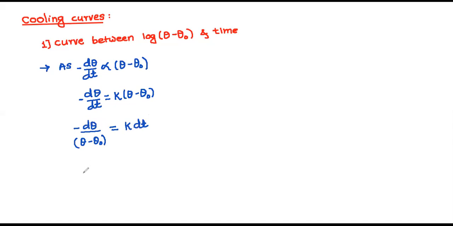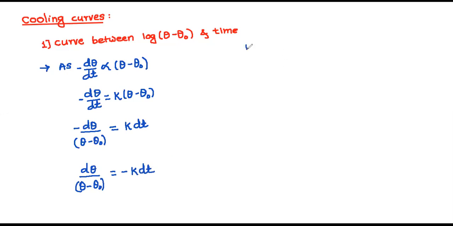Let's transfer this minus sign also here. So I am getting like this, d theta divided by theta minus theta naught is equal to minus k dt.